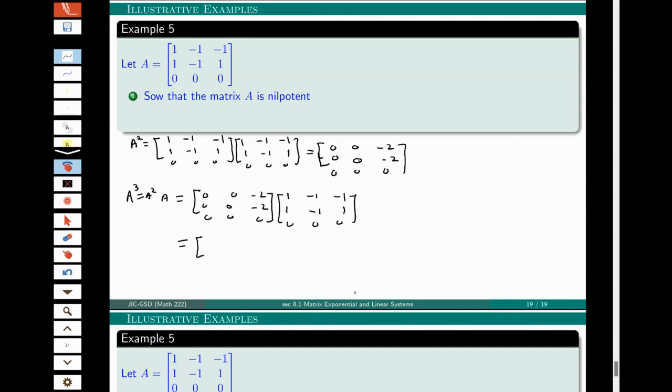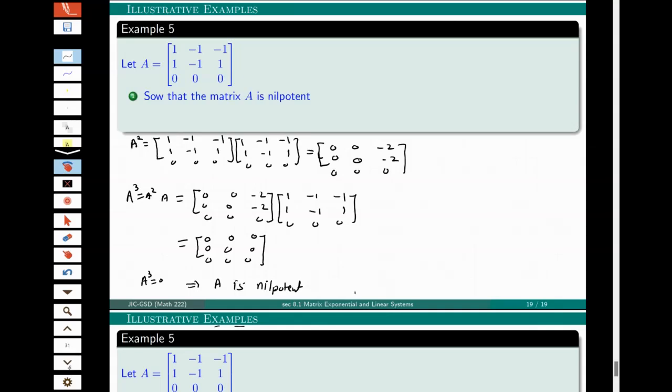We will get the first row gives me 0, the second row again 0, the third row by first column will be 0, second by second will give me 0, second by third will give me 0, and we get A cubed equals 0. So since A cubed is equal to 0, then the higher powers are 0, and this means A is nilpotent.